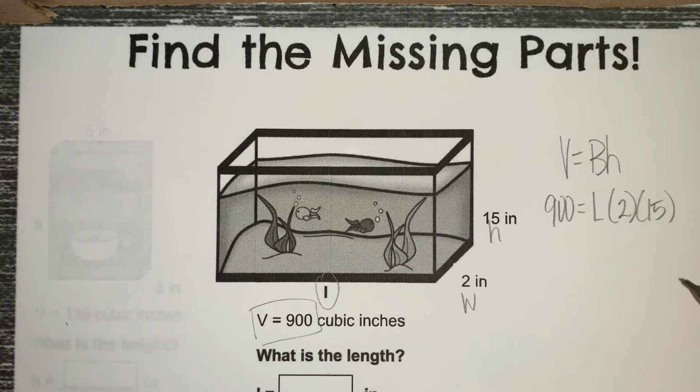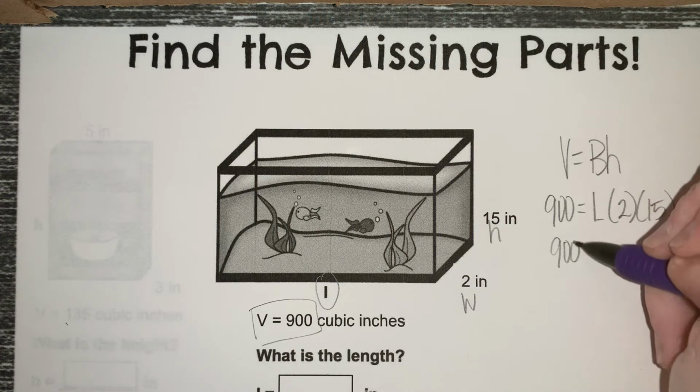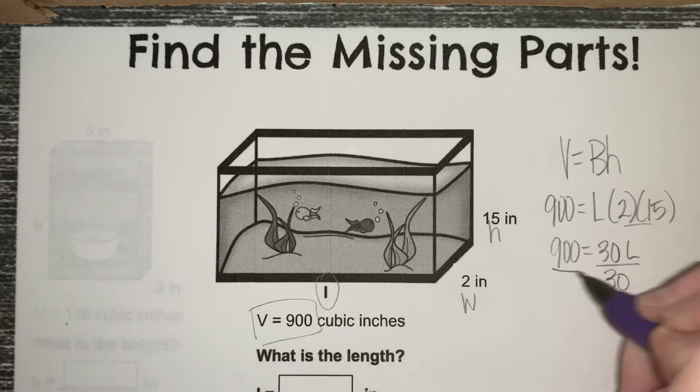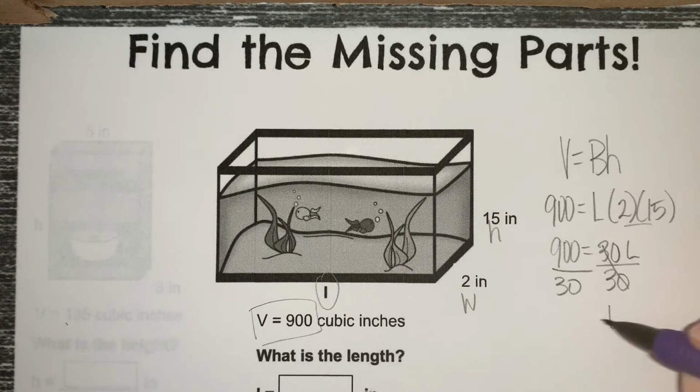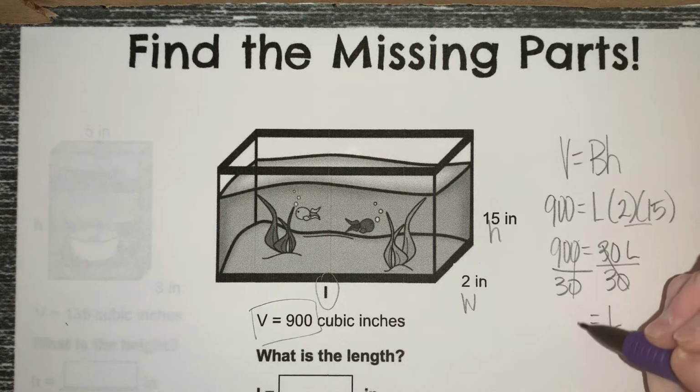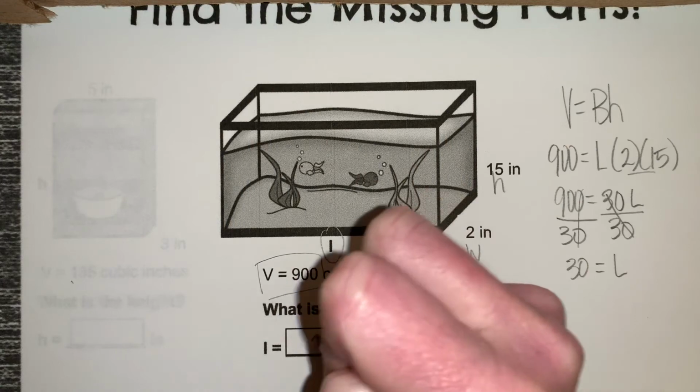So some number times 2 times 15 has to equal 900. We're going to go ahead and multiply 2 and 15. That's 30. So 30 times L equals 900. I see multiplication, so I'm going to divide both sides by 30. I've isolated the variable, and 900 divided by 30 is 30. So the length of the aquarium is 30 inches.